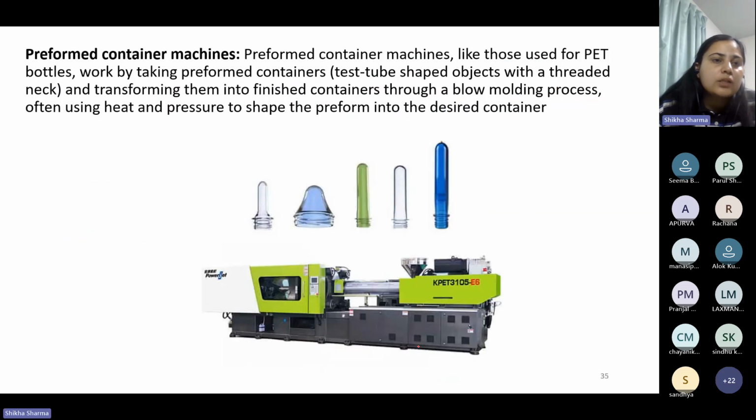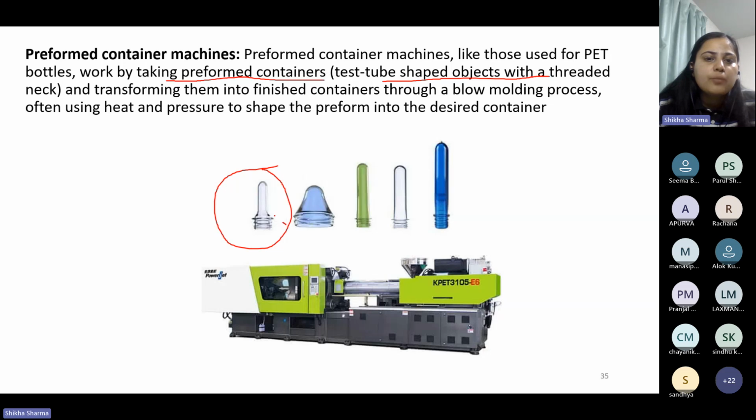The last, third option was the preformed container machine. In the preformed container machine there will be preformed containers like this. These are known as preforms. They are basically used to make PET bottles, in which these preforms are put in the blow molding machine to make bottles. Preformed container machines work by taking preformed containers, test tube shaped objects which are threaded at the neck.